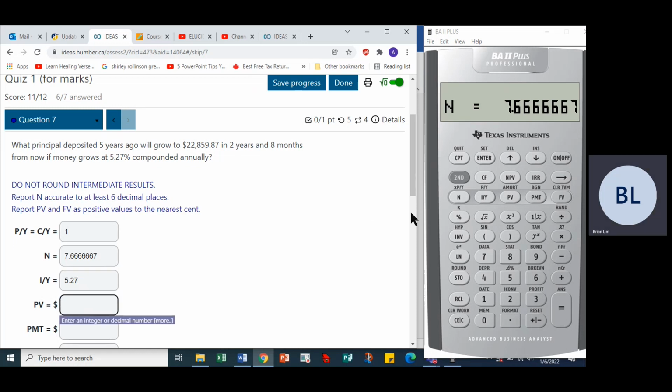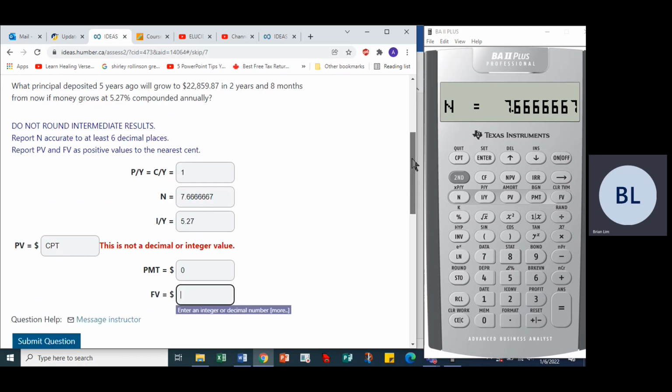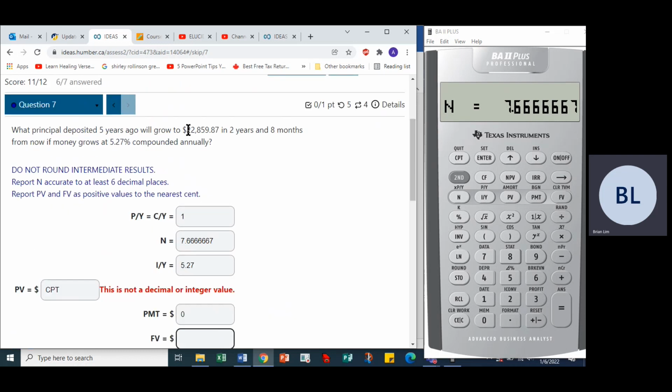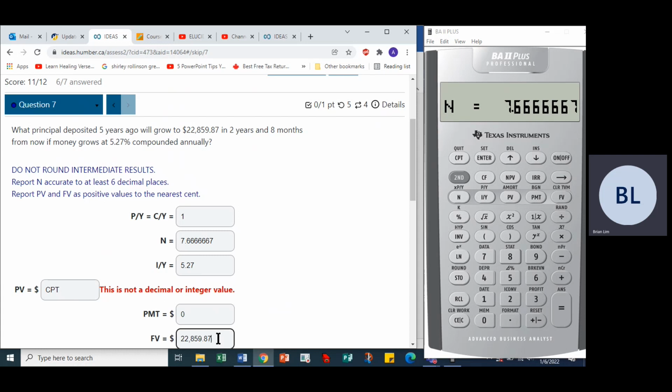Present value is what we will compute. Or you could put in the CPT and pass over it, because it's expecting a number. Payment is 0 and future value is what number? To avoid a problem, you can just copy this number here and then go down here and paste it.